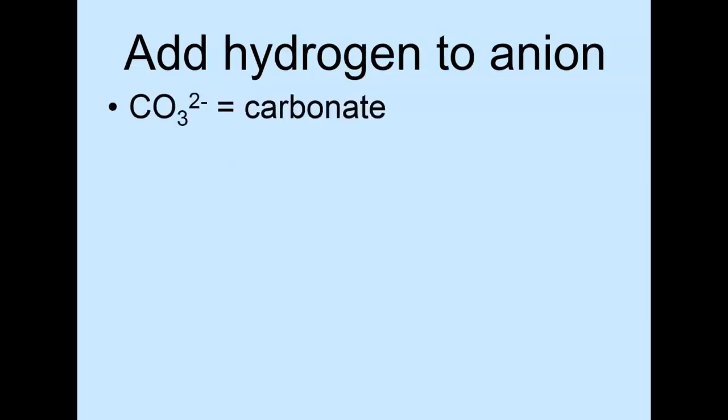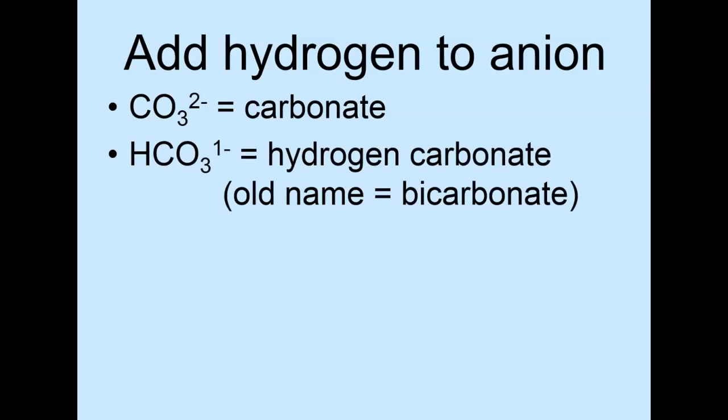Okay, so carbonate is CO3 with a 2 negative charge. If I make hydrogen carbonate, I've added a proton, the hydrogen nuclei, and I've changed it to 2 minus, and add a positive charge, you get 1 minus for the charge of this anion. Right, so the H, the C, the O3s, those are covalently bonded together and they make one anion.